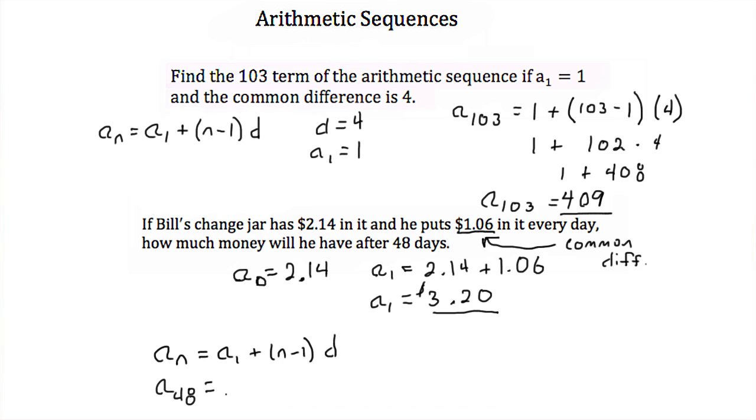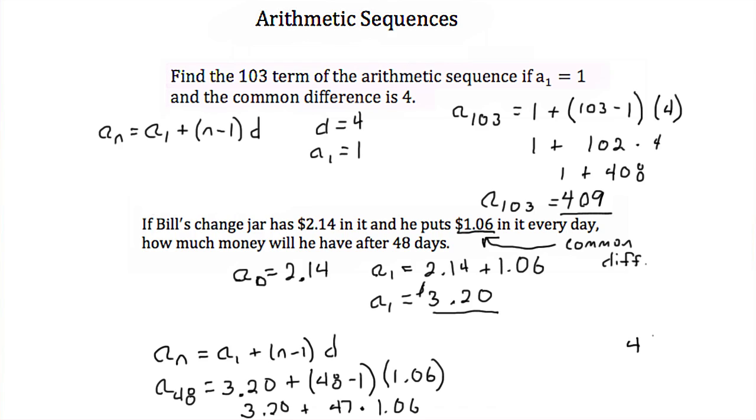Our a1 is $3.20 plus 48 minus 1 times 1.06. This becomes a 47, so 47 times 1.06 plus $3.20. 47 times 1.06 is $49.82.